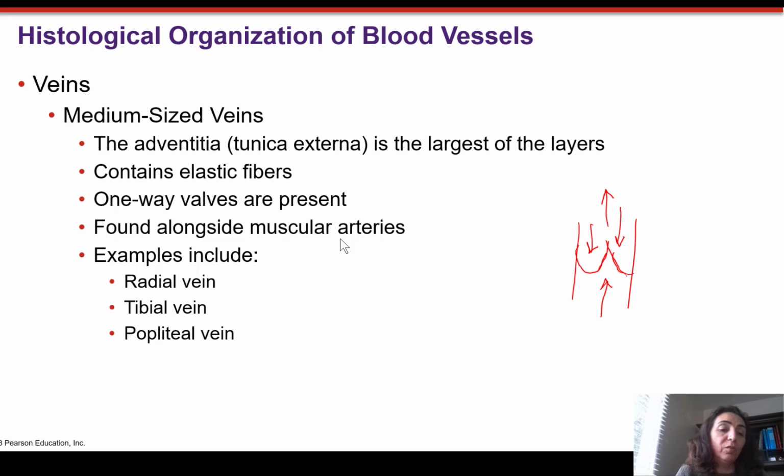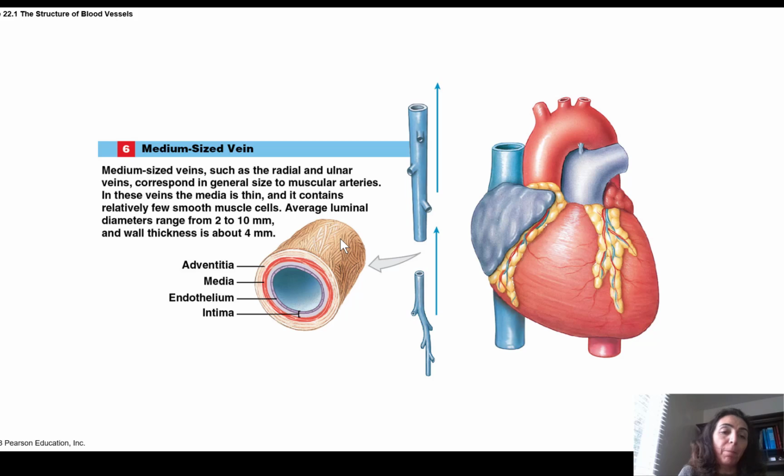So like the radial vein, tibial vein, popliteal vein, these are all medium-sized veins. As you see in the description here, all three layers are present: intima, media, and adventitia. And the adventitia is the biggest layer of all three.